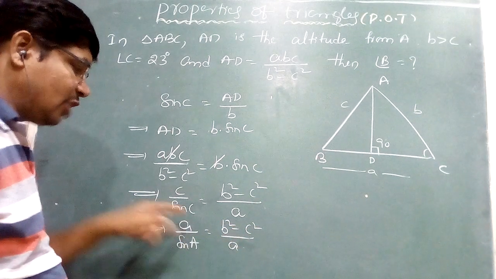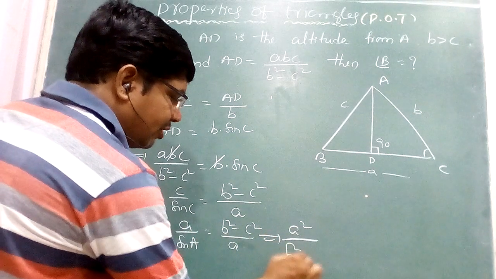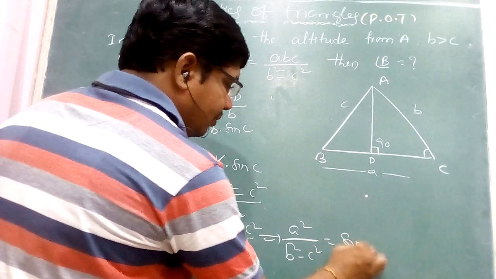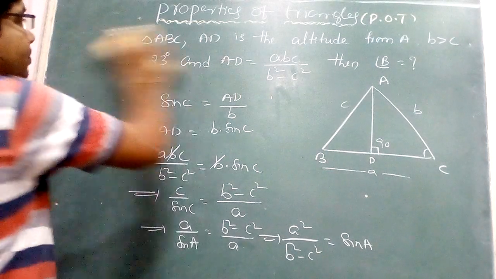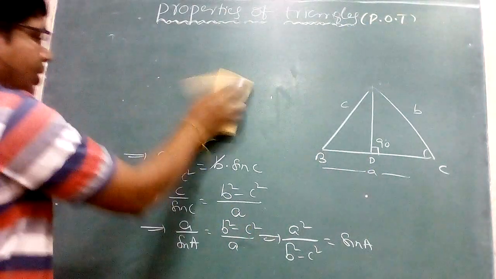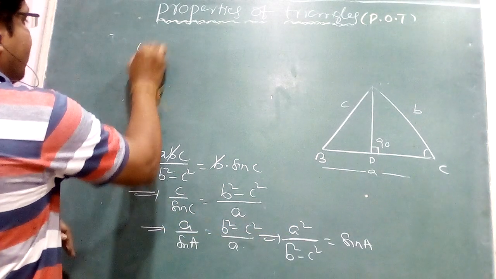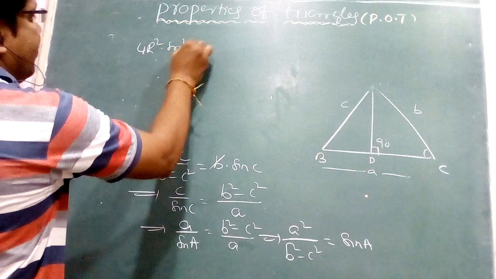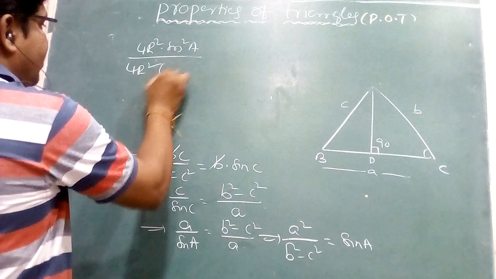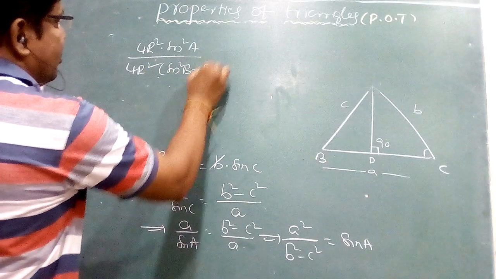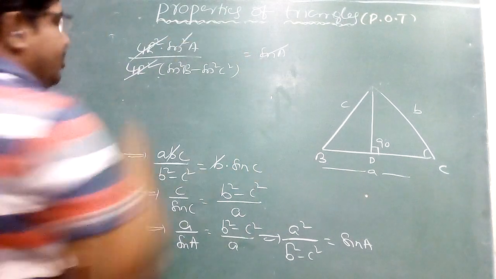By cross multiplication, a square by (b square minus c square) is equal to sin A. Now a is equal to 2r sin A. Then 4r square sin square A by 4r square (sin square B minus sin square C) is equal to sin A. 4r square cancel, and one sin A gets cancelled.